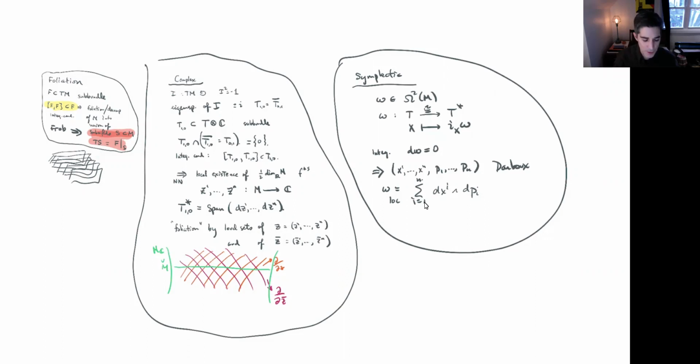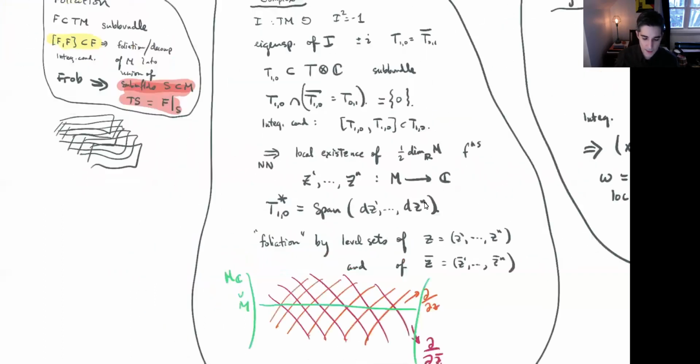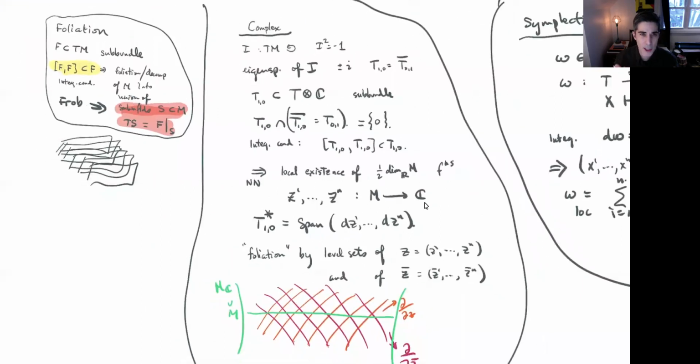You see here the main difference between number one and number two is that in the case of a complex manifold, you actually have two transverse foliations, one of them by T10 and one of them by its complex conjugate. So to be honest, a complex manifold is more like a manifold that has two transverse foliations. That's really what it is like.